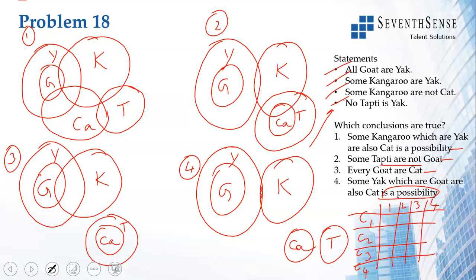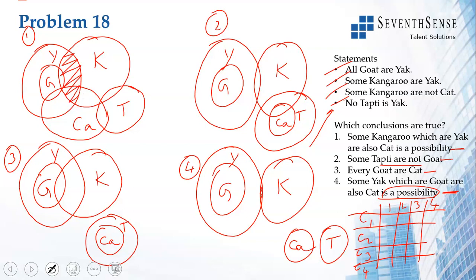Let's see which of these. Because it has the word possibility in these two, just getting it right in one diagram means this conclusion is right. Some kangaroo which are yak are also cat. Just look at the first diagram. Some kangaroo which are yak is this area.